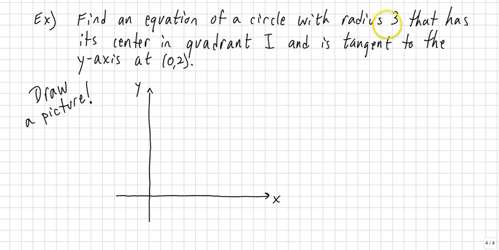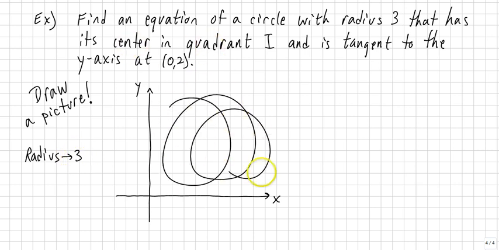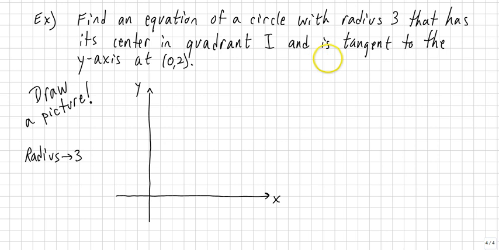We know the radius is 3. Its center is somewhere in quadrant 1. It's tangent to the y-axis at (0, 2). So this is the coordinate that the circle and the line both share. And that line is the y-axis. So there's the line that's intersecting the circle right here.